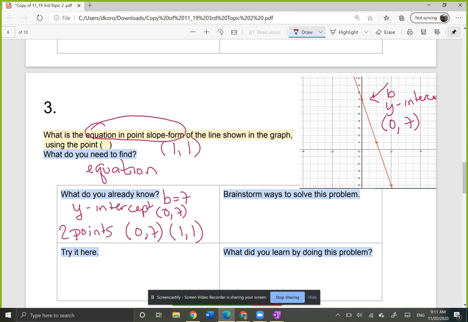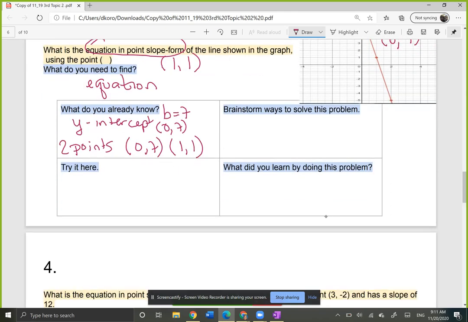Okay, brainstorm ways to solve the problem. So I can use point slope form. Okay, so y minus y1 is equal to m times x minus x1.